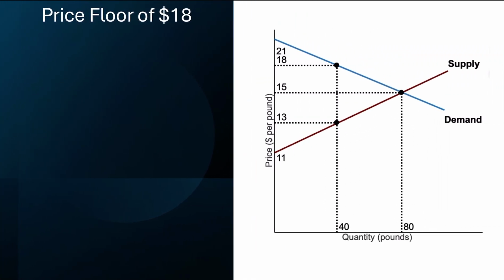The next one, we're looking at a price floor of $18, which means now our price is going to be here. If it's a price floor, that's saying that the lowest price that can legally be charged is $18.